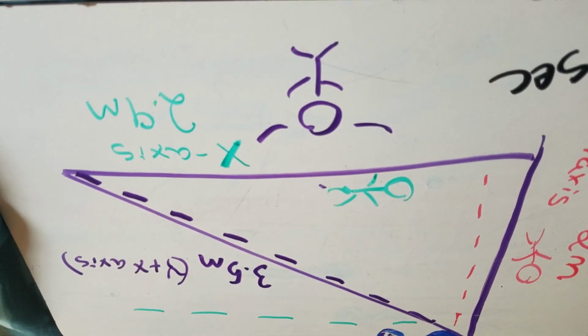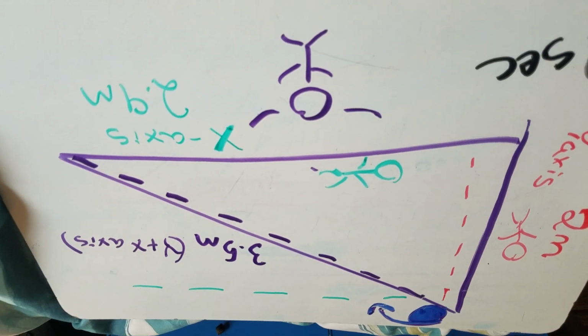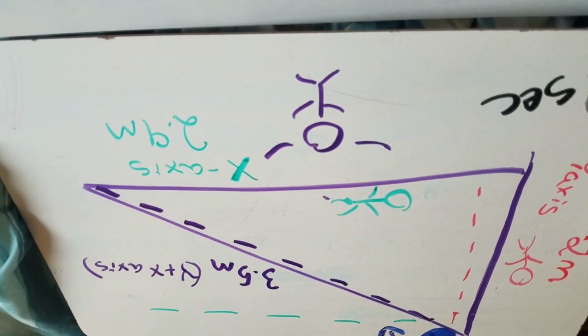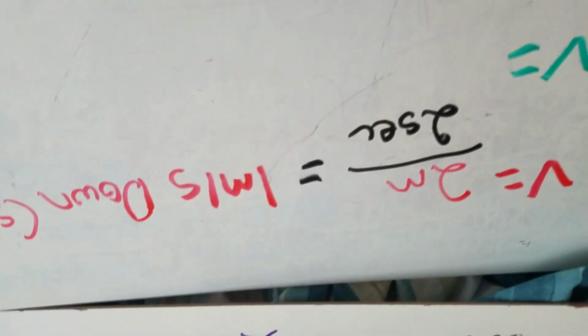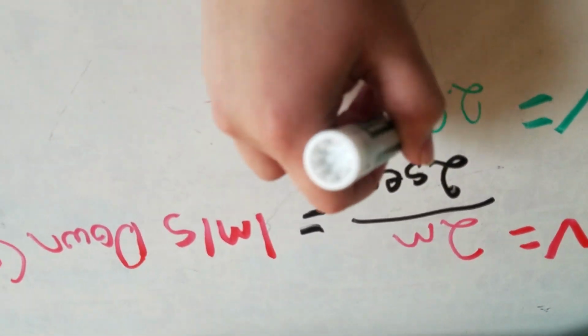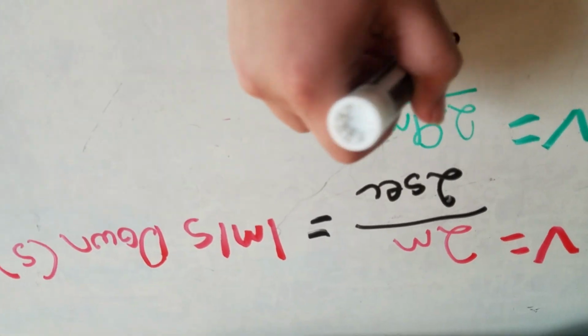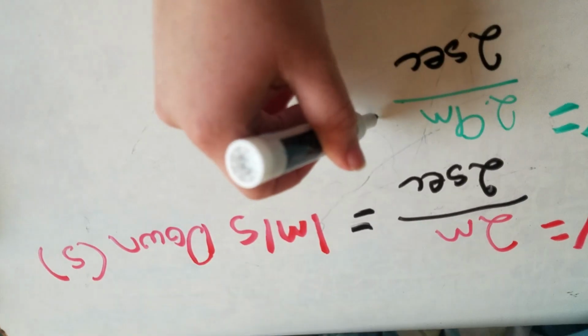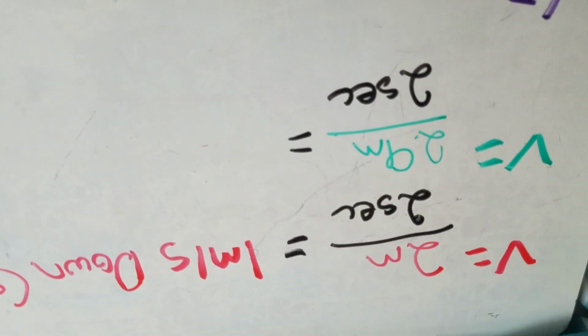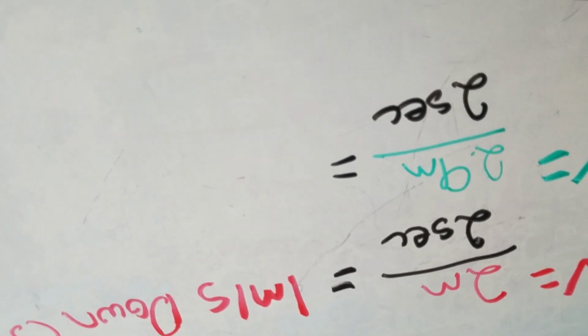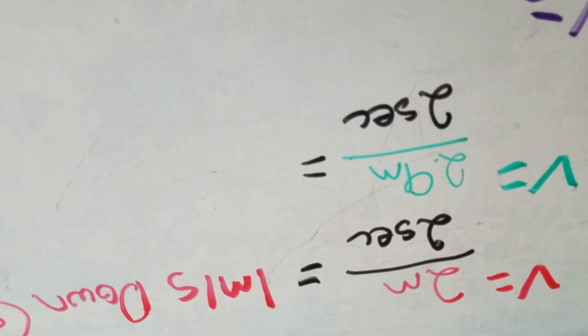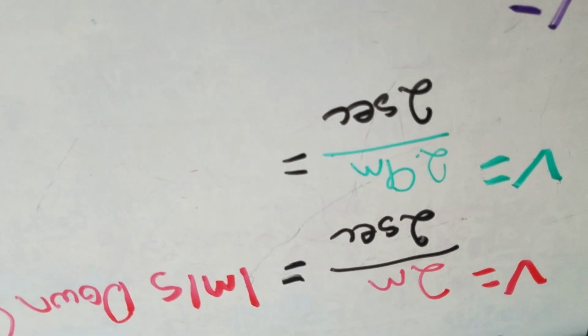Now, our green frame of reference is when you're lying on the ground. Okay, we calculated that the displacement for that is 2.9 meters. So 2.9 meters over 2 seconds is going to equal, do some calculations here, and that should be 1.45 meters per second.